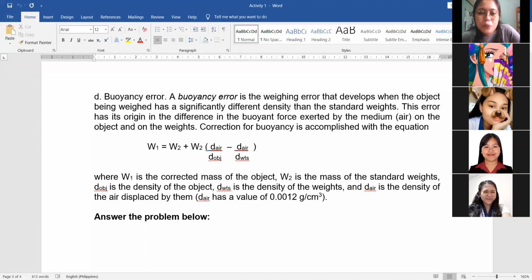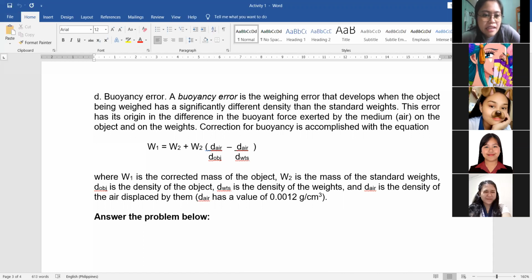When you say W1, that is the corrected mass of the object. We see a reading when we weigh the substance, but it is not yet the true weight because of the so-called buoyancy error. Again, that is mostly caused by air or the medium where we placed our object. And then W2 is the mass of the standard weights that will be given in the problem.